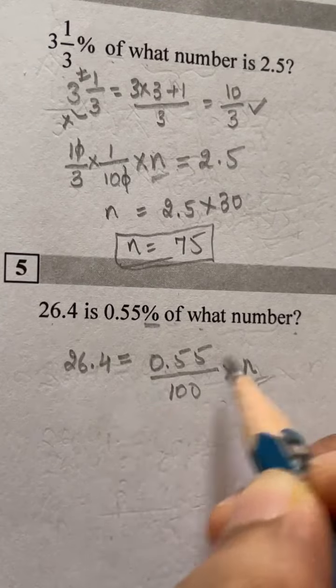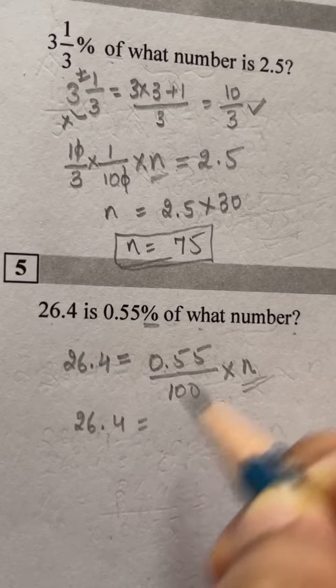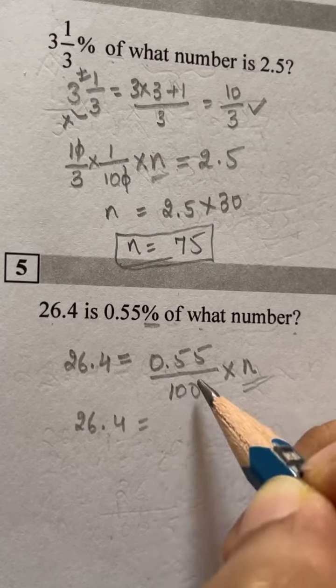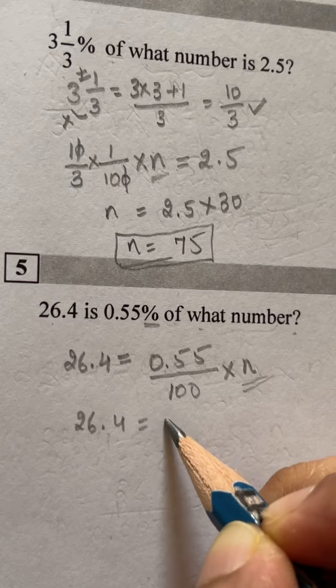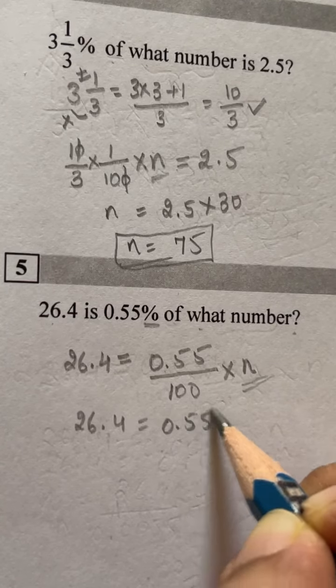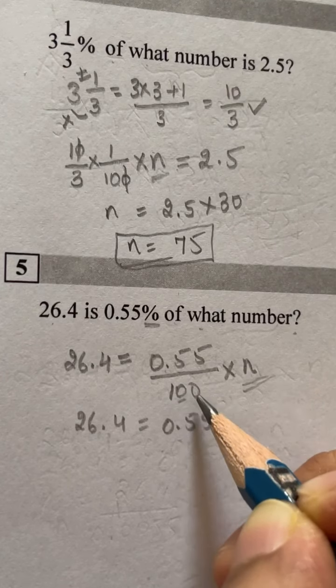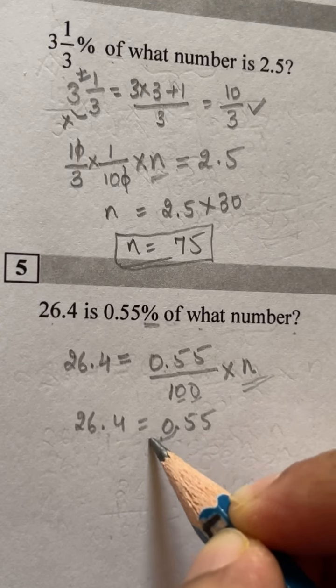First I'm going to write this down. 26.4 is equal to 0.55 divided by 100. How do you divide that? I'm going to write this number as it is, 0.55, and check how many zeros are there in the denominator. There are 2 zeros, 1 2. So move your decimal 2 slots towards the left, 1 and 2.